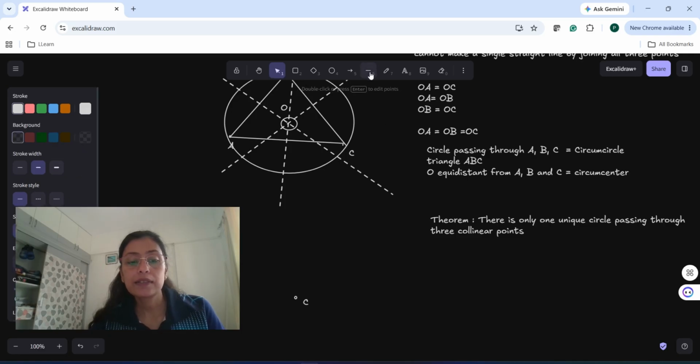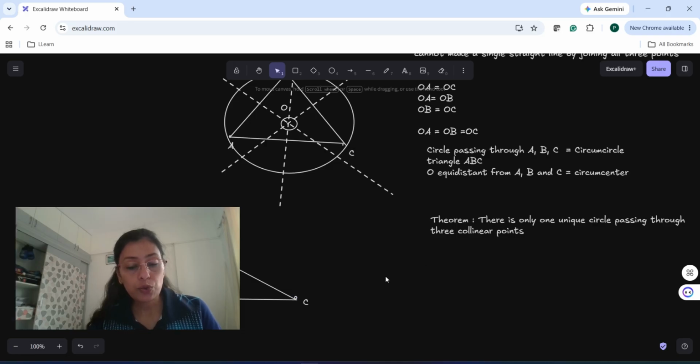This is C. When I'm joining this, you can very well see that this angle BAC is greater than 90 degrees, which means it is an obtuse angle, and this is an obtuse angled triangle. So what you need to do as homework is take three non-collinear points in such a way that they form an obtuse triangle.